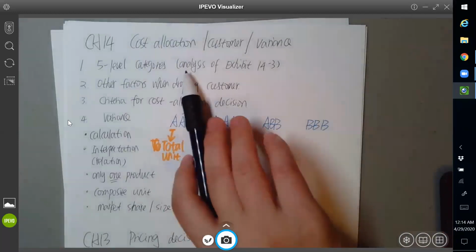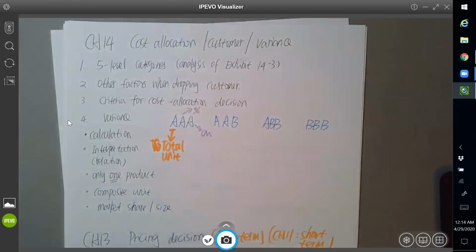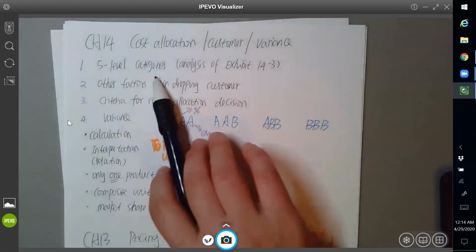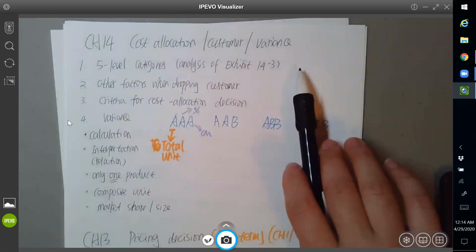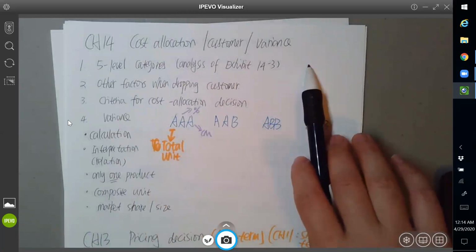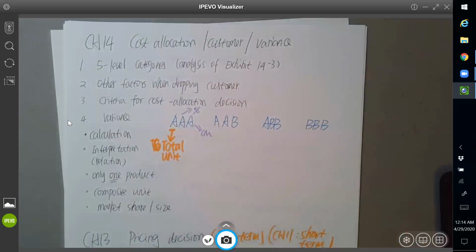I'm not going to really read those things because, as I say, just focus on the textbook, that 5-level category: unit level, batch level, customer level, channel level, and then division level. So those are the 5 levels. And then other factors: we cannot just think about profitability. We have to think about other factors. Also we talk about cost allocation decisions.